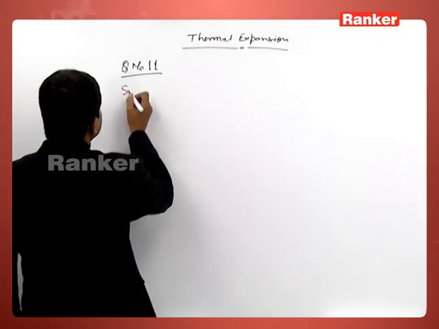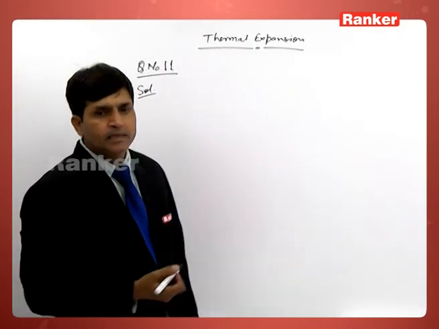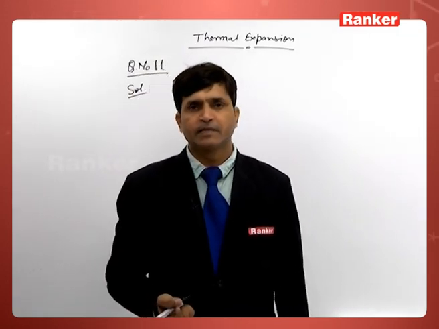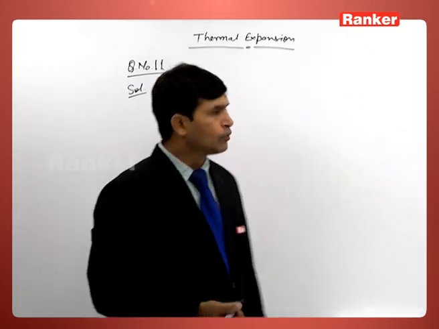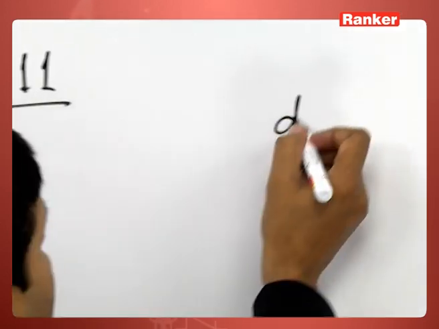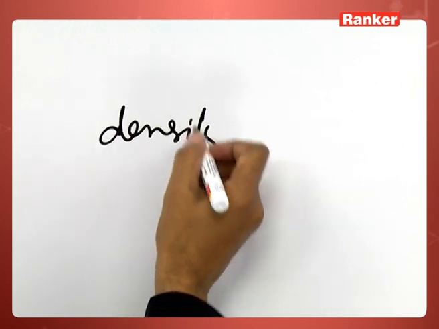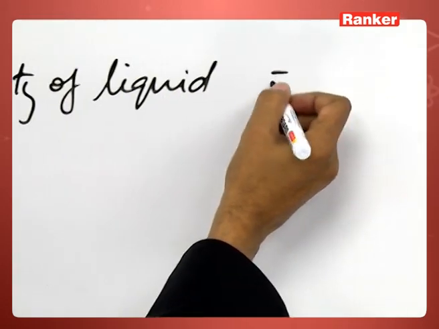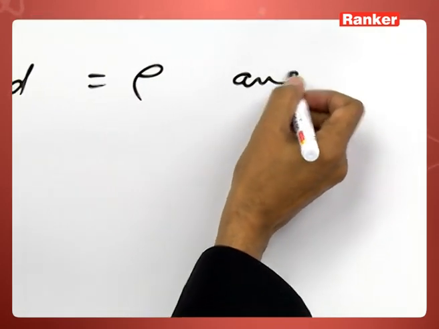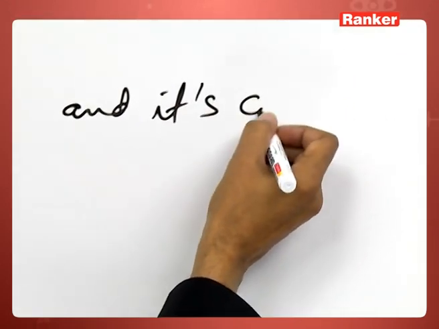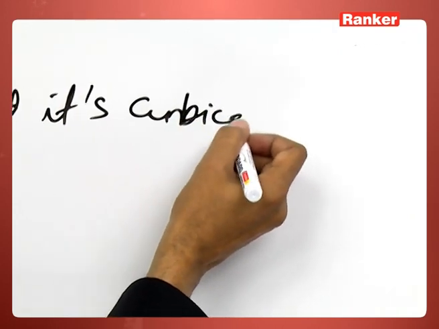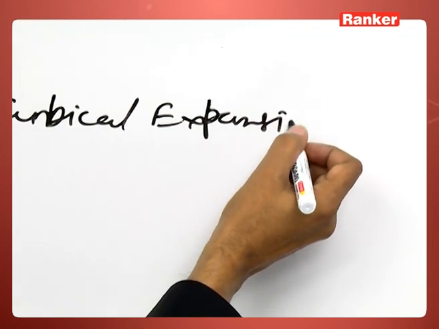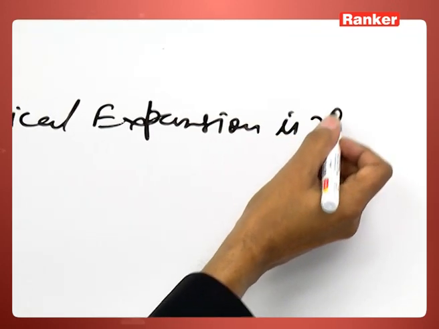So it is given the density of a liquid of coefficient of cubical expansion gamma is rho at 0. Density of liquid is rho and its cubical expansion is gamma.